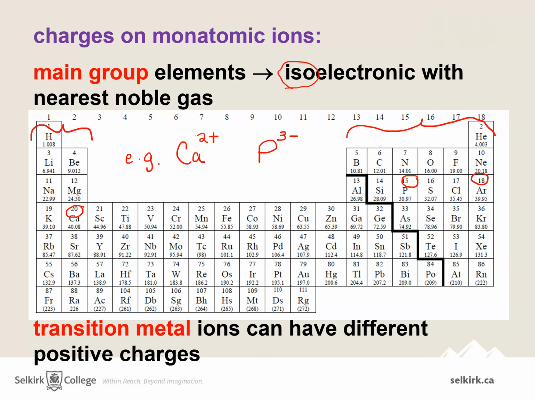You may remember a shortcut. You may see that for calcium, I had to go 1, 2 back to get to the nearest noble gas. So calcium is 2+. And for phosphorus, I'd have to go 1, 2, 3 to get to the nearest noble gas. That's why it's 3-.